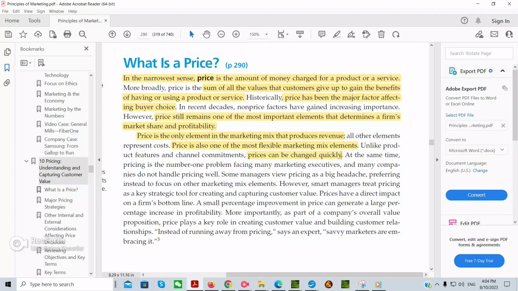At the same time, pricing is the number one problem facing many marketing executives at many companies that do not handle pricing well. Some managers view pricing as a big headache, preferring instead to focus on other marketing mix elements. However, smart managers treat pricing as a key strategic tool for creating and capturing customer value.